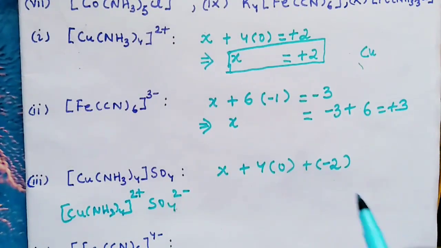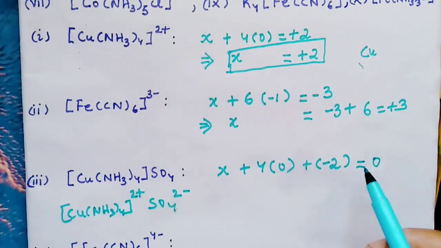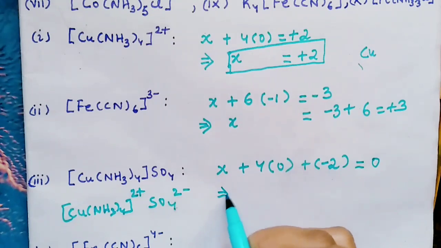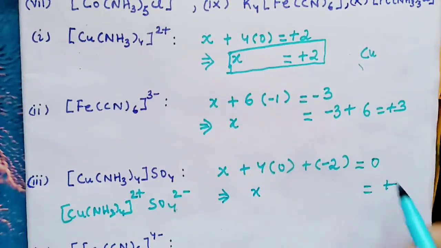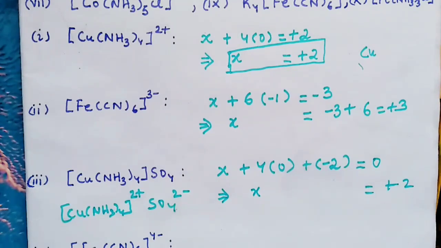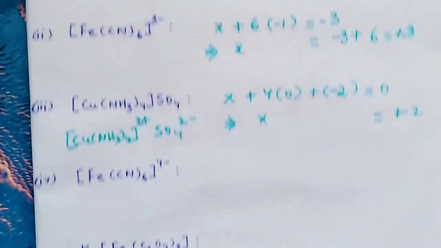So now you have to equate this one to 0 because it is neutral. So after that, what is your X? Take this one to the side, it is plus 2. So plus 2 is the oxidation state or oxidation number of this central metal atom here.